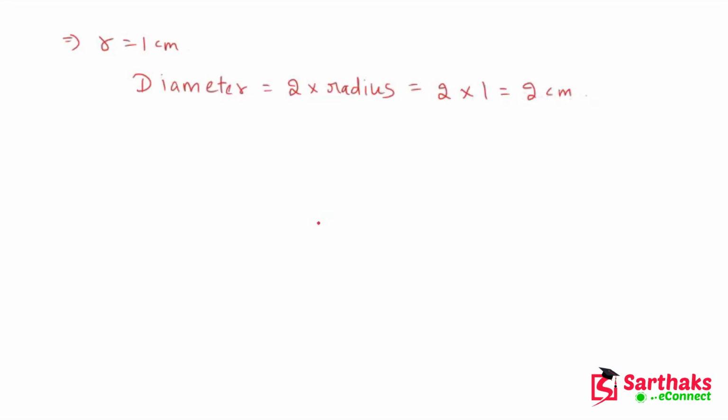So now, here the radius is what? 1 centimeter. And we know that diameter is equal to 2 into radius. So this is equal to 2 into 1, which is, yes, 2 centimeter. So we can say that the diameter of the base of the cylinder is 2 centimeter.